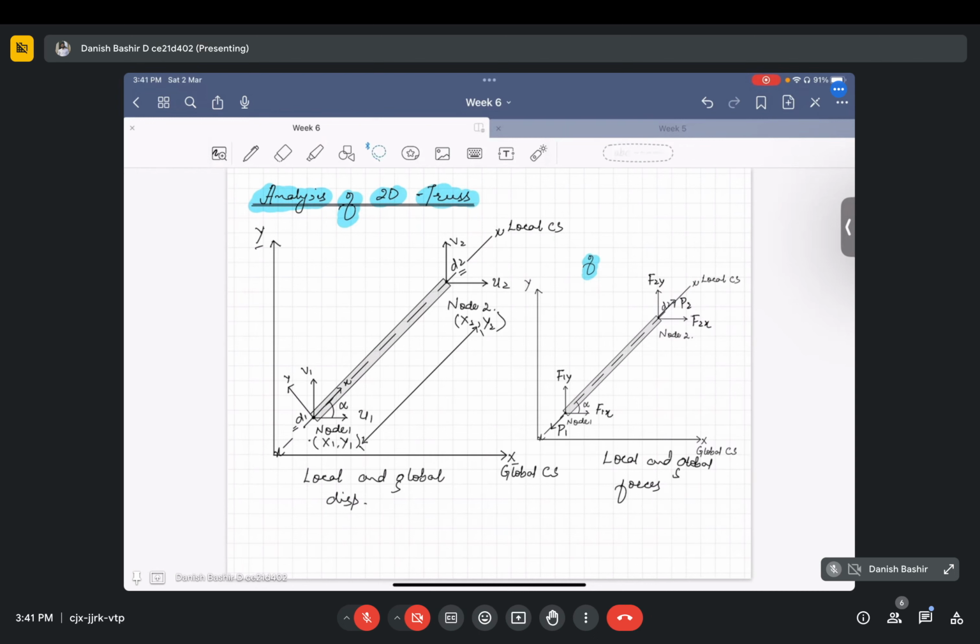This is node 2, and this is node 1. L is the length of the bar.